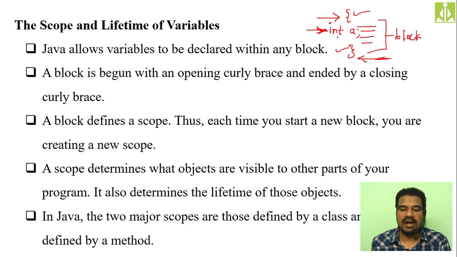And where will it end? Immediately where you are closing the block, where you are closing the scope. At that point, the variable will be destroyed, or the variable will become unavailable. So this is the concept of scope, and the lifetime is in short how long a variable is available. From its creation, how long the variable is available, that is nothing but the lifetime of a variable.